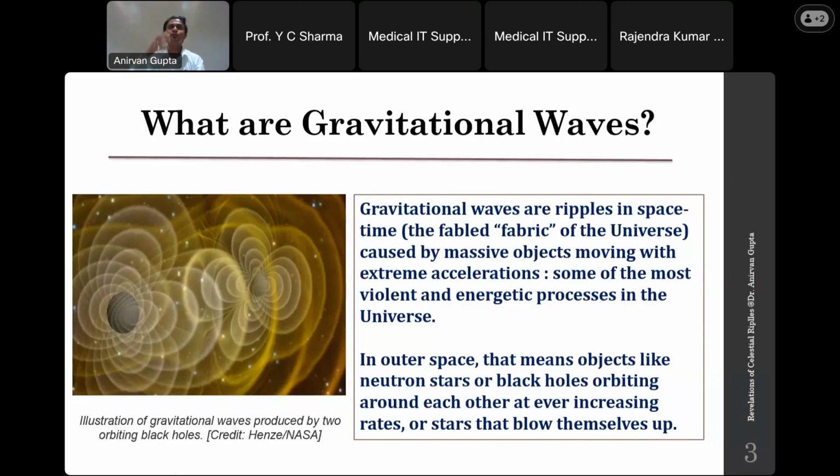In outer space, this means neutron stars and black holes. They orbit around each other and collide, and the result is a massive black hole along with emitted gravitational waves. An image generated by NASA is shown.